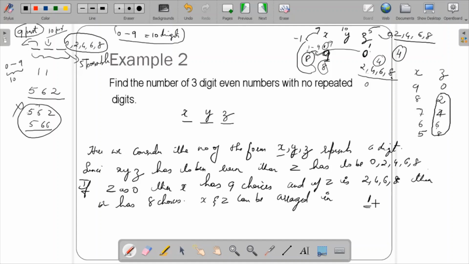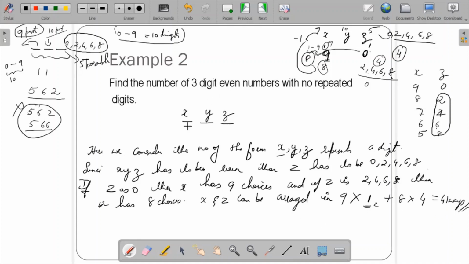So this is the arrangement of Z into X. How many times can I arrange? If this 0 is occupied, the remaining elements I can arrange are 9. So X and Z can be arranged in 9 into 1, plus, since one position is occupied, 8 ways into the remaining 4 even digits. So 8 into 4. So this is equal to 41 ways I can arrange X and Z.